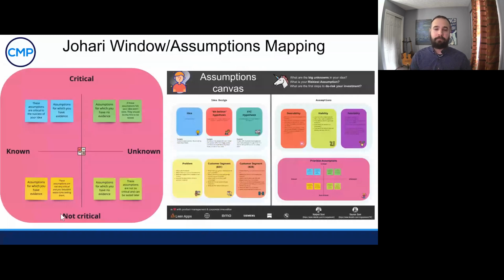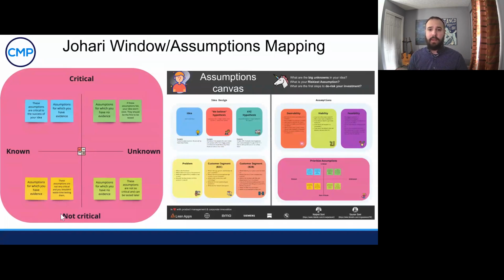Top left, you have evidence for this. These assumptions that you have evidence for, you believe to be critical to not only your problem, but your solution. These are things where we know this is the truth. We've validated this through a number of different beneficiary discovery sessions, and we know this is critical to understanding in order for us to have a palatable, viable solution at the end of your course.